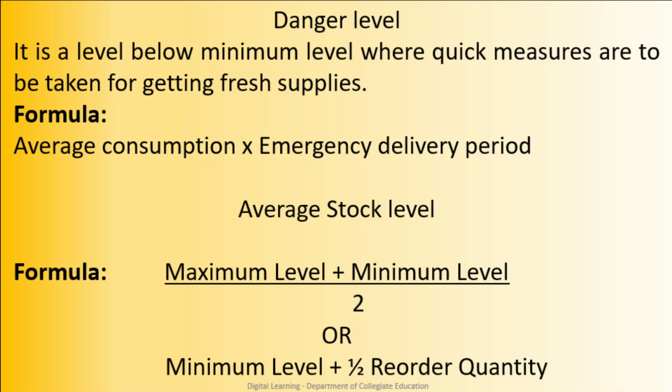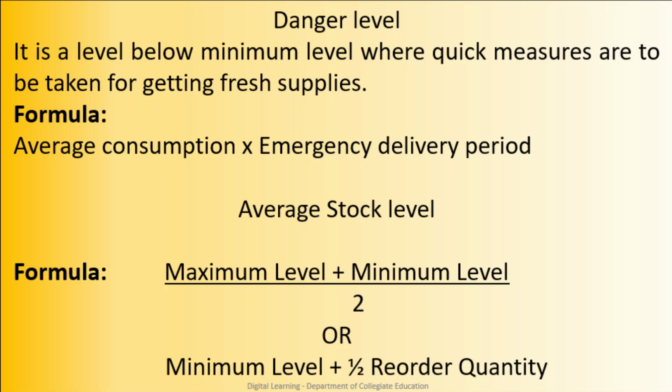The last type of stock level which we are going to discuss in this session is average stock level. The formula to compute average stock level is maximum level plus minimum level divided by 2, or alternatively, minimum level plus half of reorder quantity.